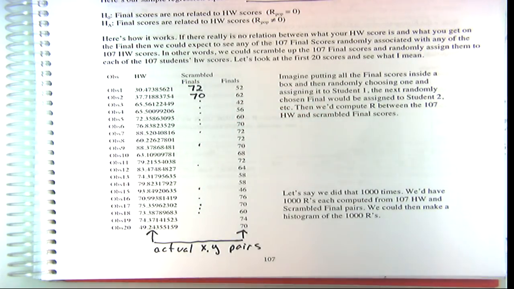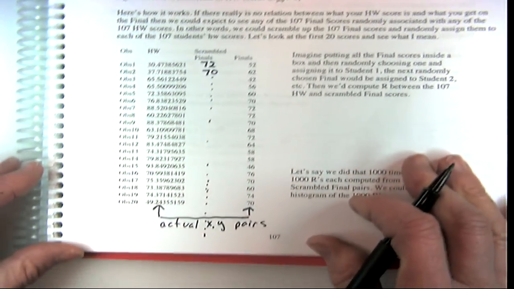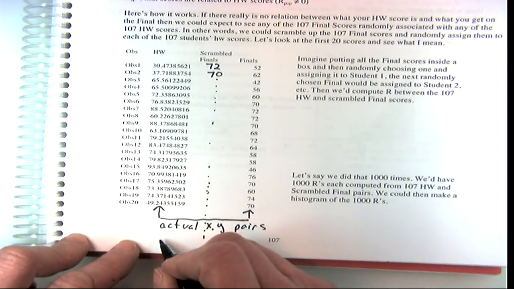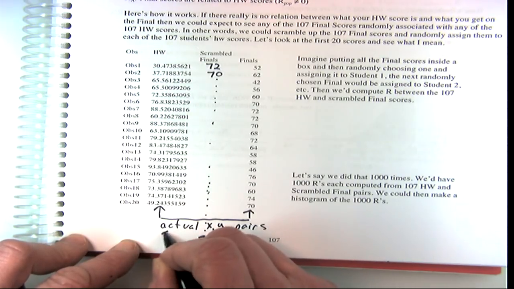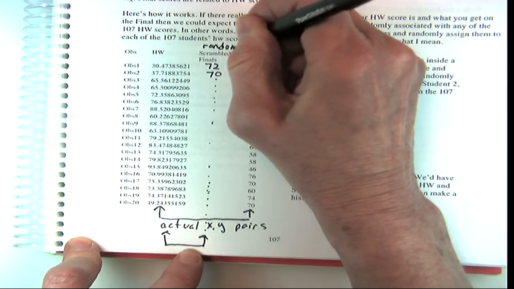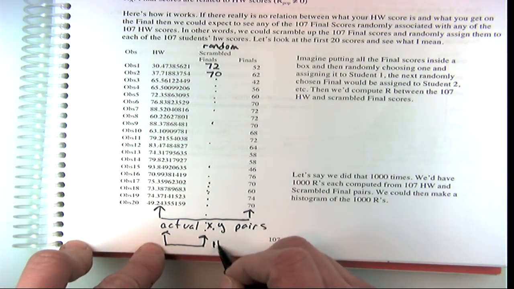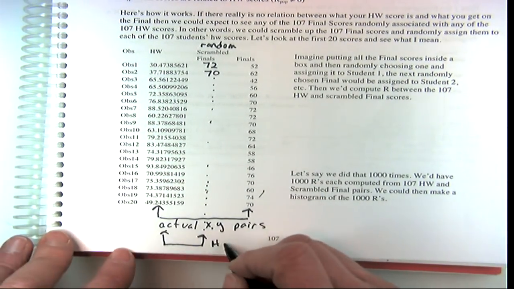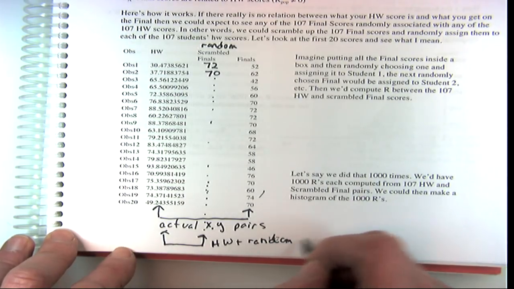Now what would you have? If I pair these up, these are the random scrambled finals, and here I have the homeworks. These pairs would be the homework and random finals.